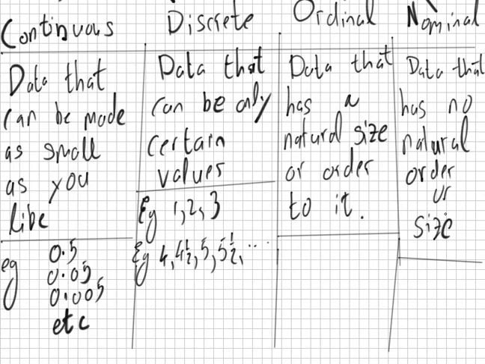Like for example, what is your eye color? What is your first name? What is the name of the school you're enrolled in? All these things, they have no size to them, really. To say your eye color is this or that your name is this, it's not like that answer could be bigger or smaller than another answer you could have gotten. So there are the 4 main types: continuous, discrete, ordinal and nominal.